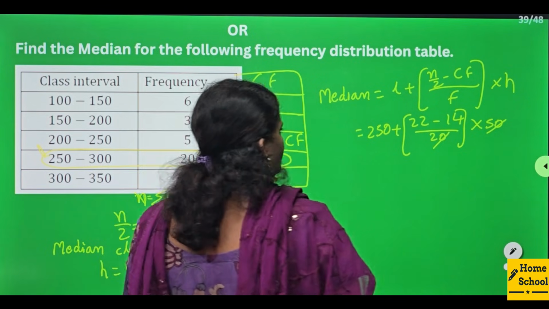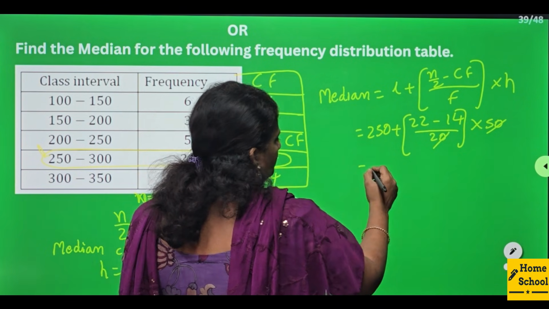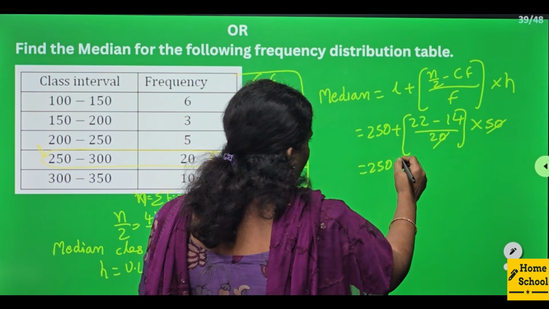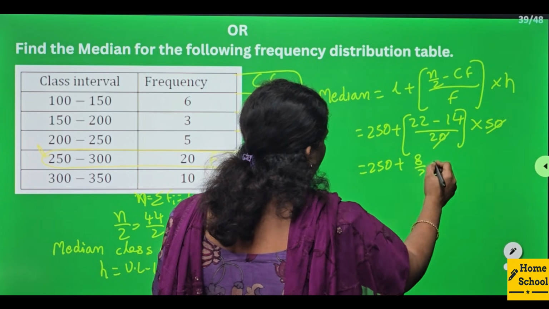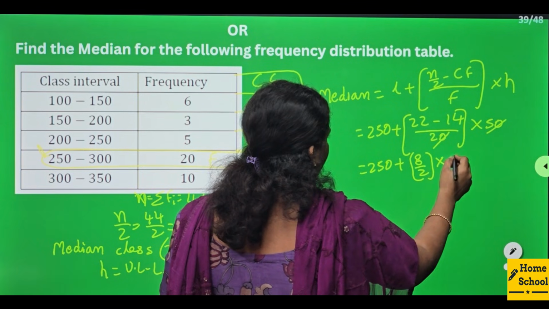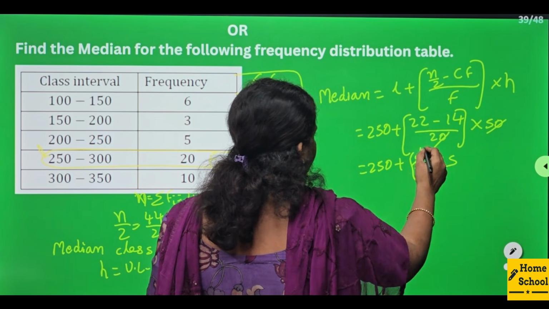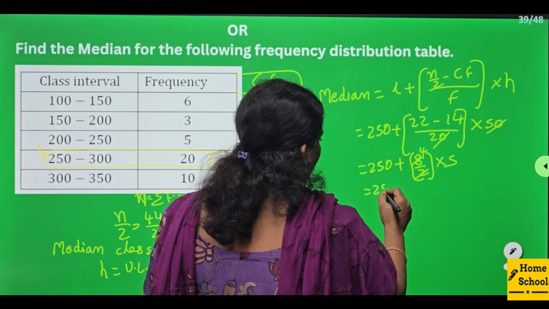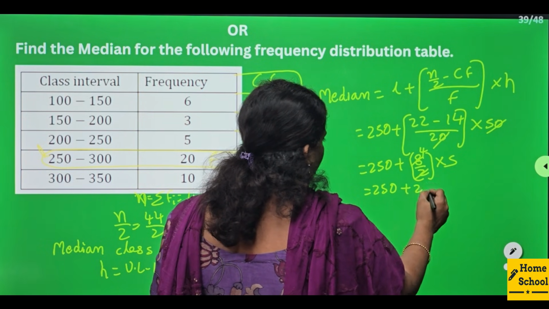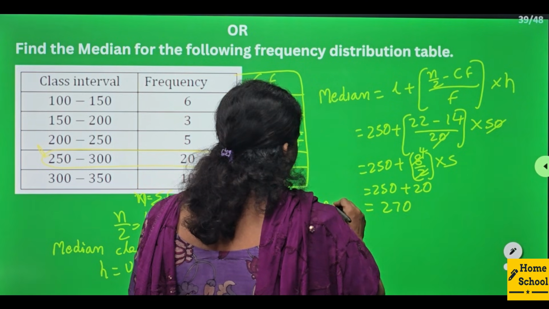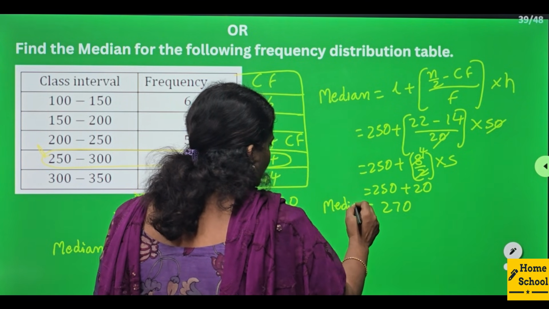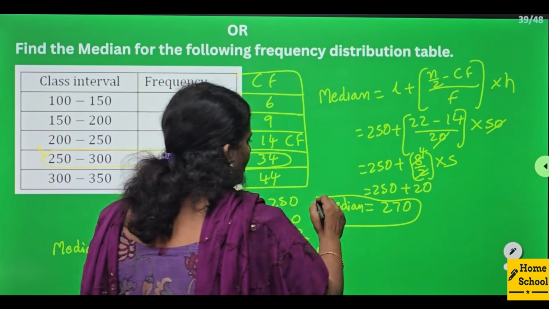This 0 cancels. 250 plus 22 minus 14 is 8, by 2 into 5. 2 fours are 8. 250 plus 4 fives are 20. 20 plus 250 will be 270. Therefore, your median is 270, that is your answer.